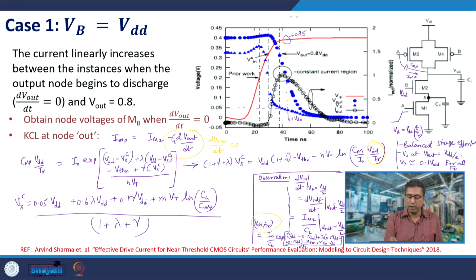Here we have considered that this value is 0.95 VDD. If we do not take this into consideration and say that it is VDD itself, then this would come out to be 0.1 VDD. But if we consider that this value is 0.95 VDD, then this comes out to be 0.05 VDD.